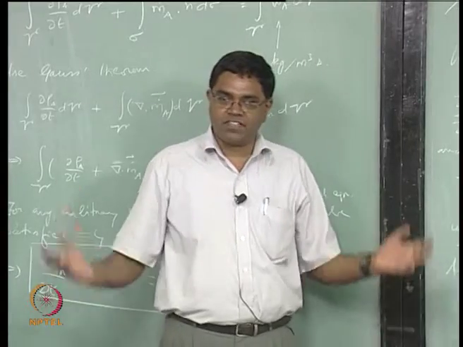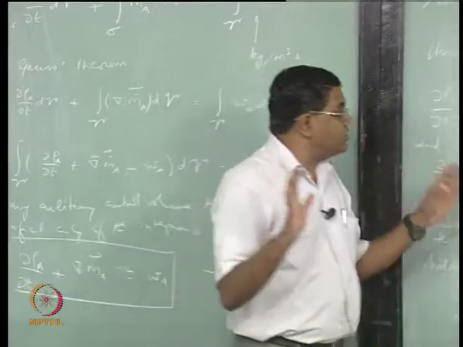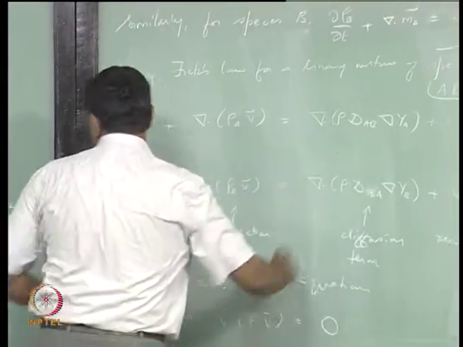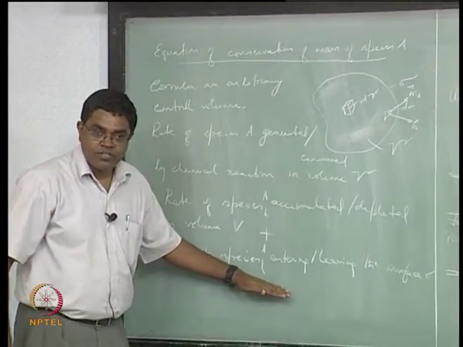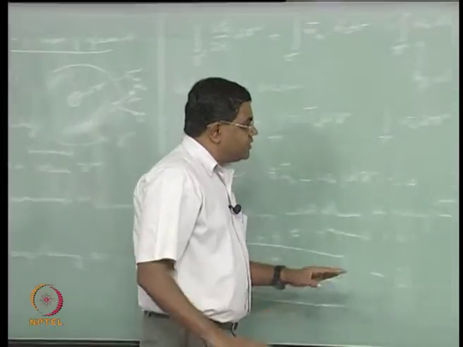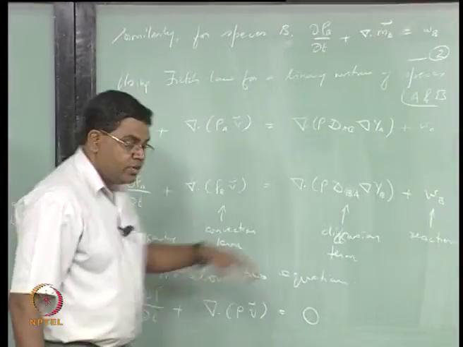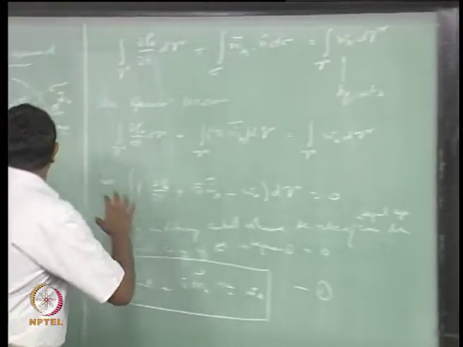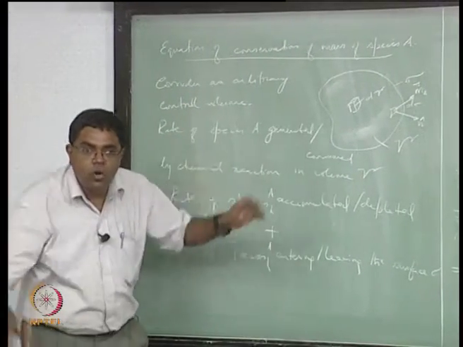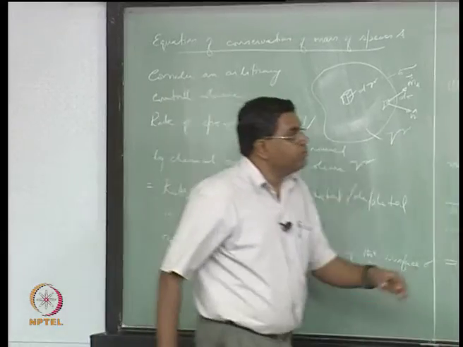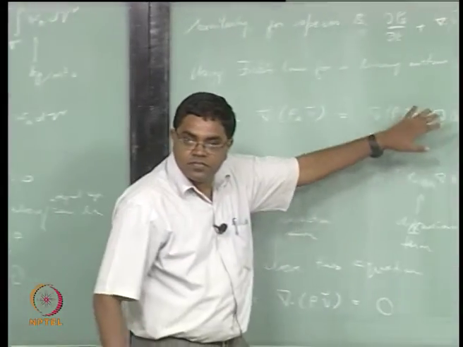So you don't have an extra, notice that this and this are actually coming from surface terms. So it's as if these two together are all happening inside. There is no extra mass of the mixture as a whole that is entering or leaving because of the diffusion process.